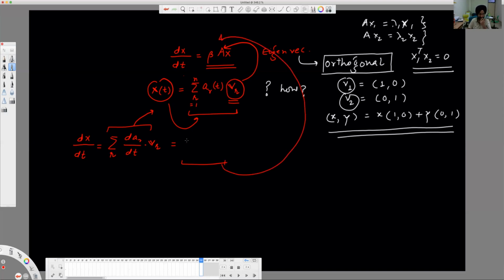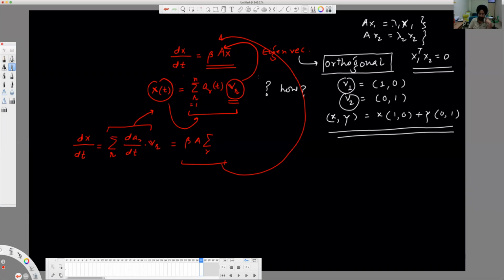So that can be done by writing it as beta A, and now we have x there. We write summation over R because that's what we have. X is equal to in terms of a_R, right?